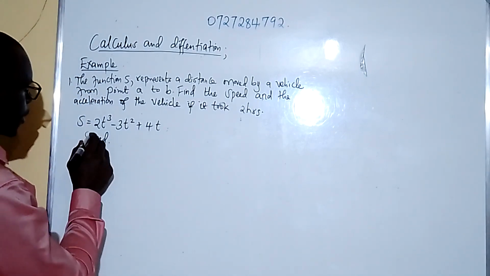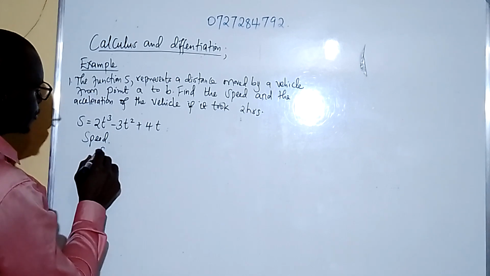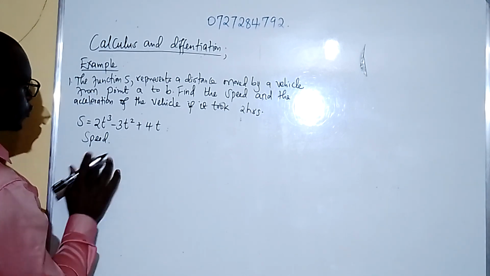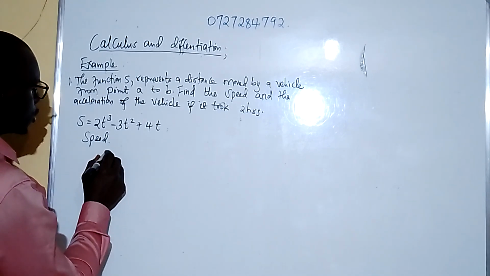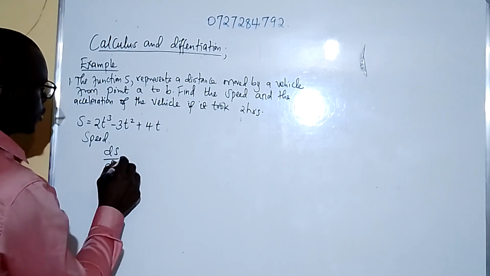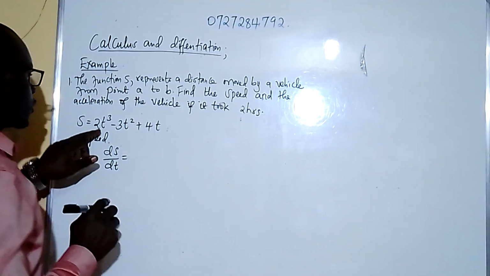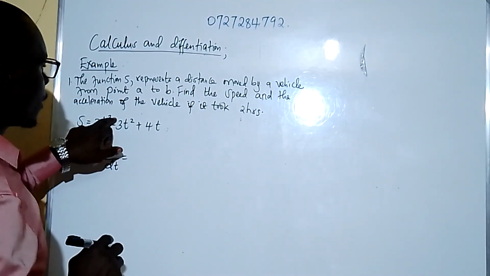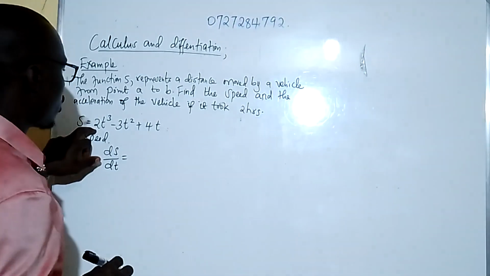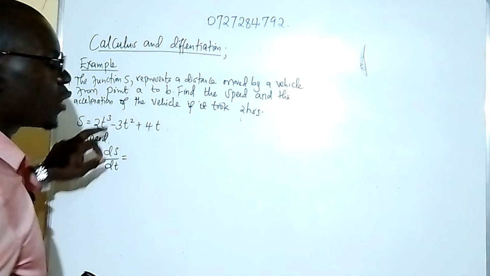So our speed is equal to ds dt, which is equal to this one differentiated. We take the power, we multiply by the coefficient here, and then we reduce the power by 1.